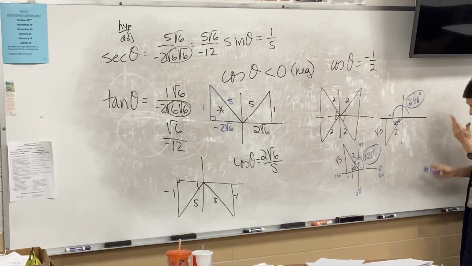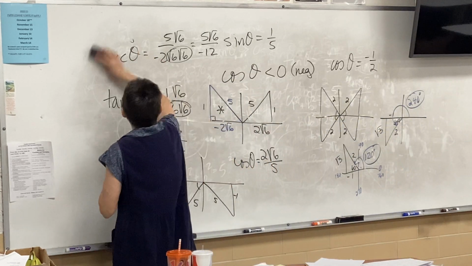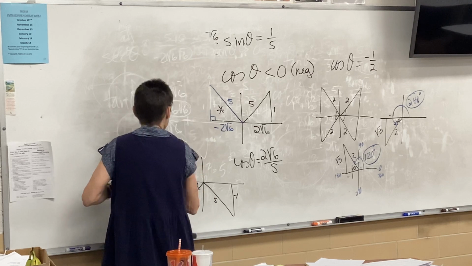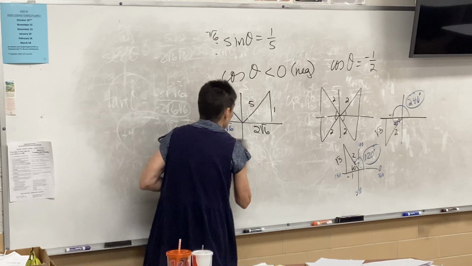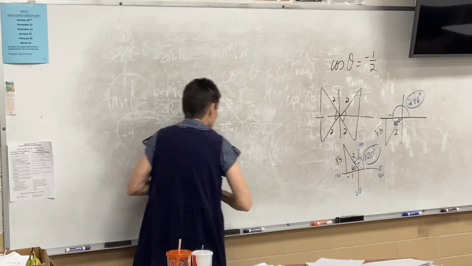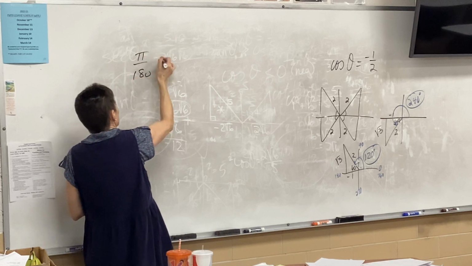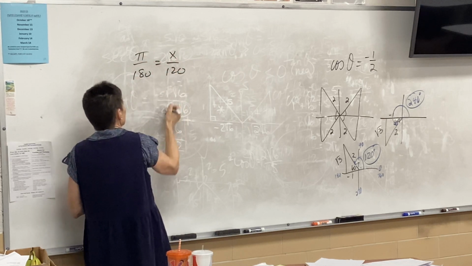Okay, so now we got to put those into radians. How do we do that? You know how to do that. Let's do 120 first. To change 120 into radians, we're going to do pi is to 180 as something is to 120.